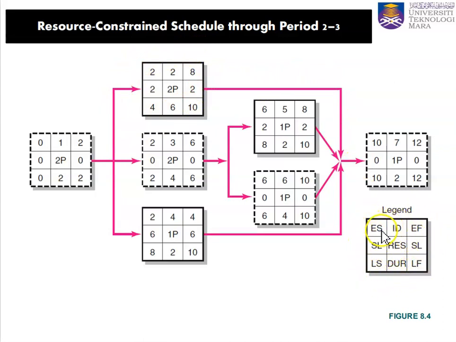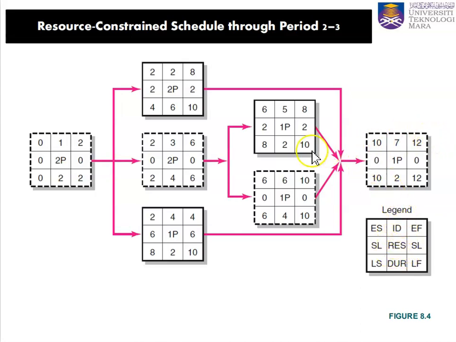Here is the earliest start, and then we have the identification number, and then here is the earliest finish. You can see that the forward process is here, and then the backward process is here. This is the latest finish, the duration that the activity will take, and this is the latest start. The calculated slack is here, and the number of resources that we're going to use in every activity is placed here.